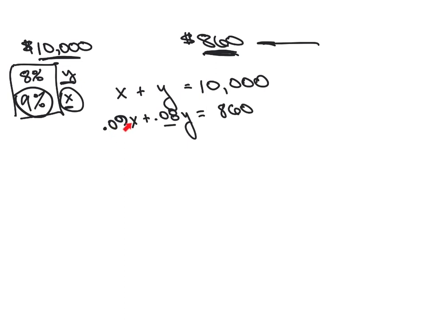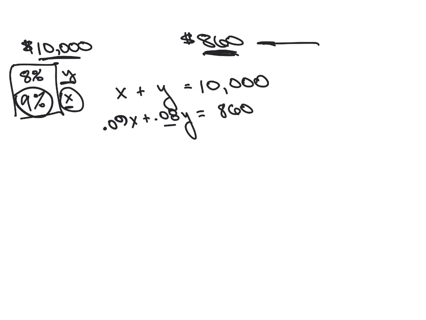So this is the amount I invested times the percent, the amount I invested times the percent, add those together, and I get the amount of interest, $860. These two numbers are the amounts I invested, and they have to add up to $10,000.